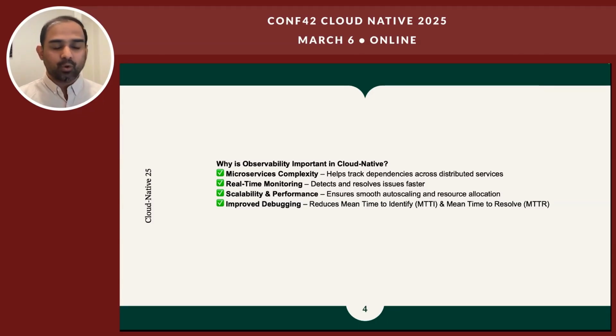Same goes with improved debugging. With modern applications, modern services, there tend to be constant issues, performance issues that we try to identify, bugs, probably any customer issues, latency related issues. So with improved monitoring, it helps engineers to identify the issue.